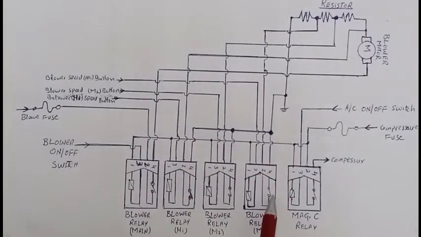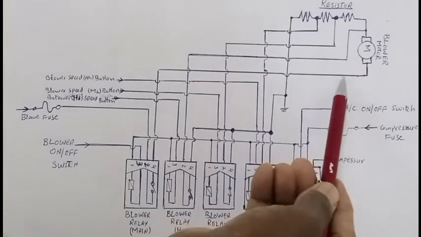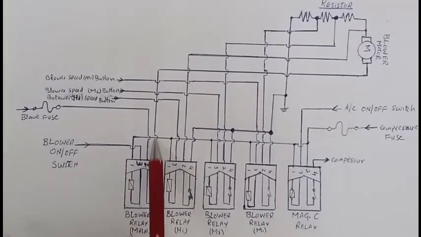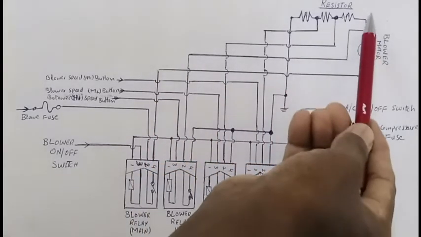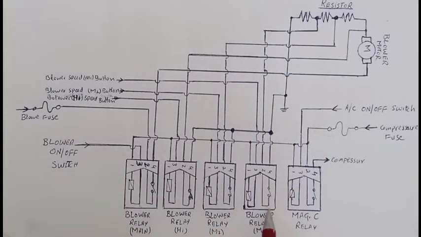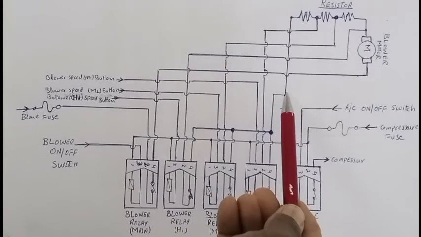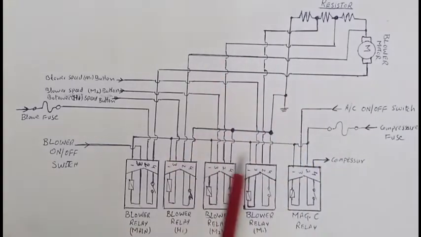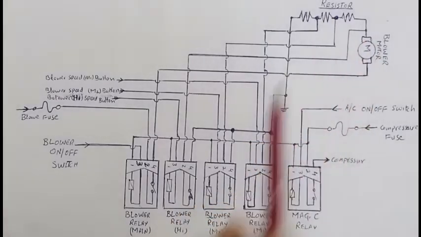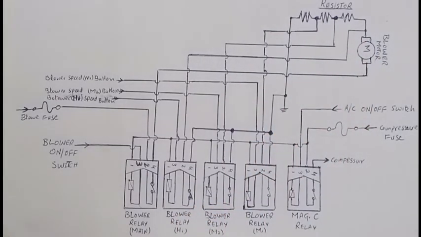So these contacts close, and our current flows to this area, to this, up to here. So the circuit is completed. Some voltage drops here, some voltage drops here. So our speed becomes medium 1.